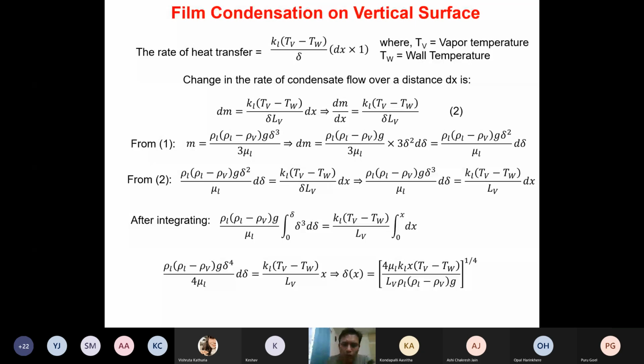This is taken as a common, and integration 0 to delta, this becomes... Okay. So this delta is there on the left hand side. This is moved on the right hand side. This is moved on the left hand side. That is why this becomes delta cube.